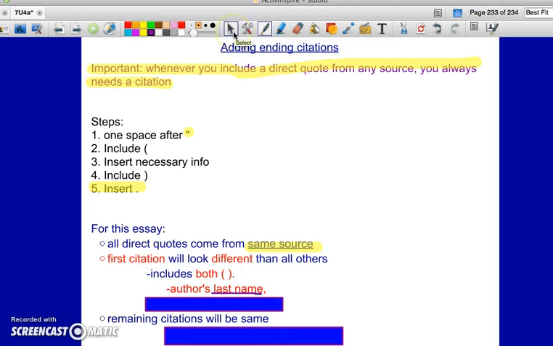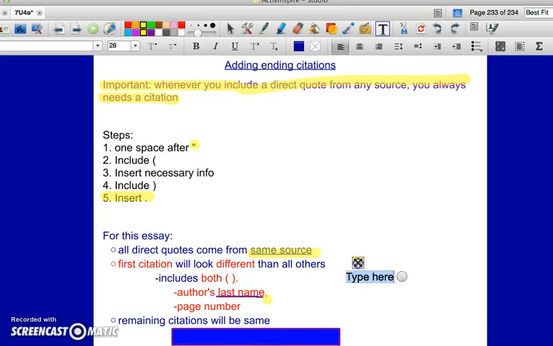The second thing that it's going to include is, well, you're going to have the author's last name and then a comma, and then you're going to have the page number. So your first citation will look something like this, Bloor, comma, 12. Okay, then goes the period.